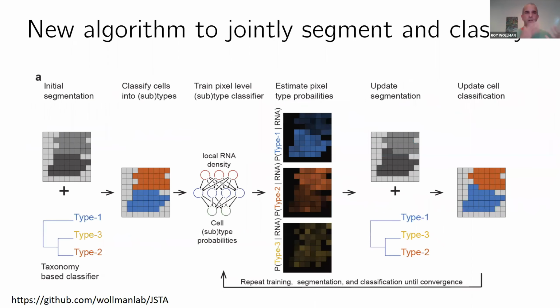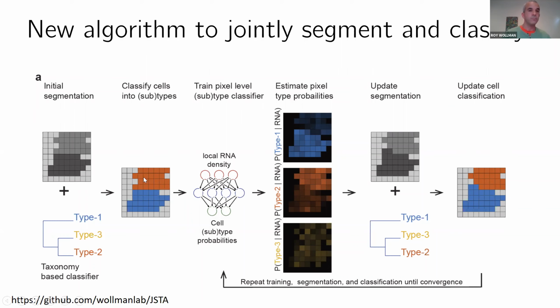So the computational pipeline we came out with is the following. We'll do our best guess at segmentation. We'll use the nuclei information and try to assign pixels as best as we can to cells. Then we'll take the brain taxonomy provided to us by the work of the Allen Institute and use it to classify each one of our cells into a specific type.